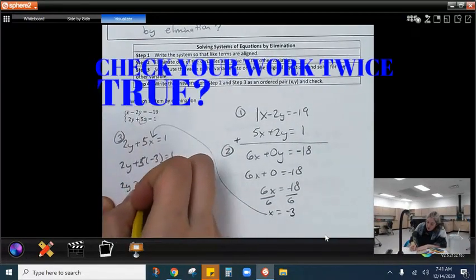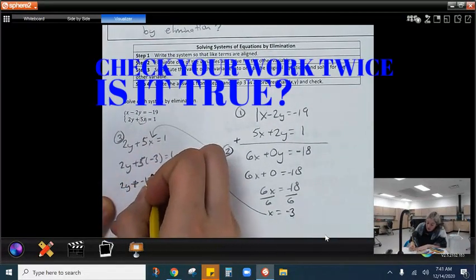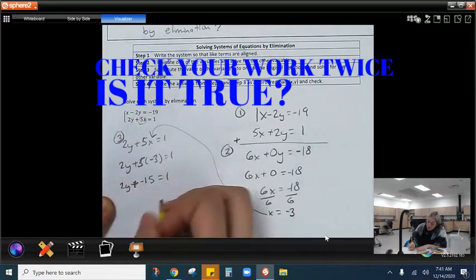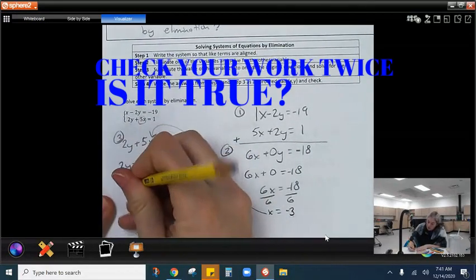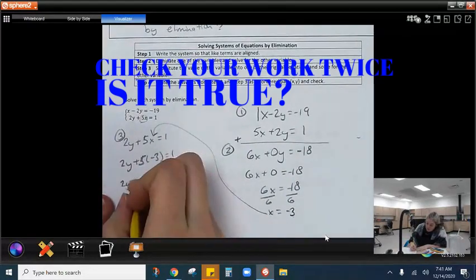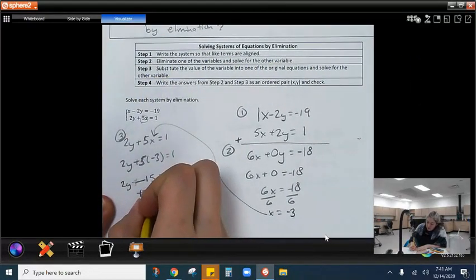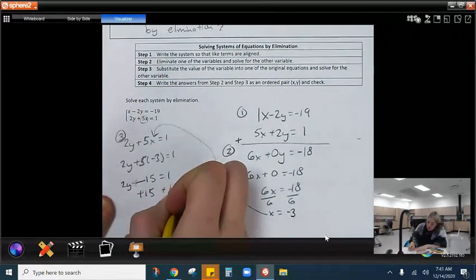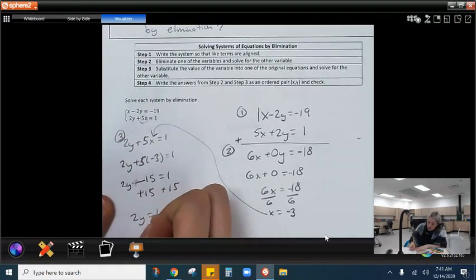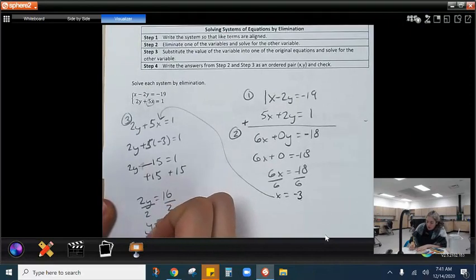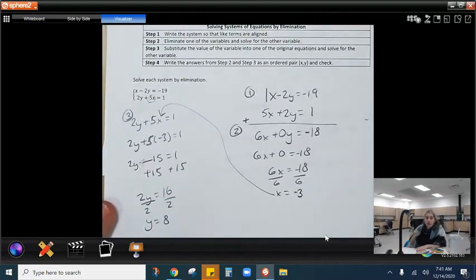So that means I have 2y plus negative 15 equals 1. I'm going to rewrite this so that it's just minus 15, because then I know I need to add 15 on both sides. So we get 2y is equal to 16. When we divide by 2, we get y equals 8.